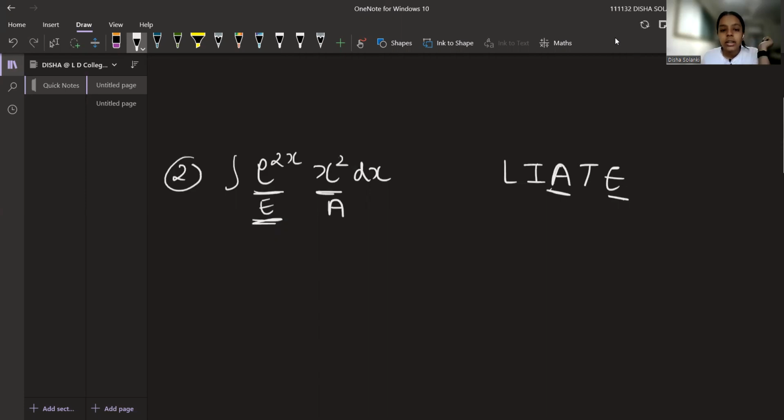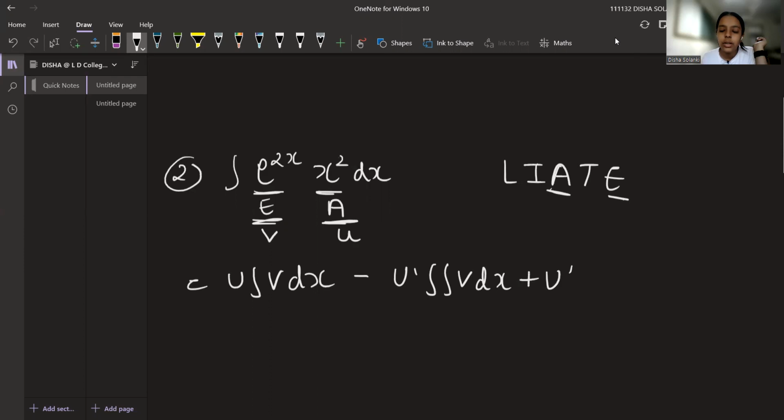Here our exponential function is v and x square is u. So u integration v dx minus u dash integration v dx plus u double dash integration v dx, and so on. So I will put the values.